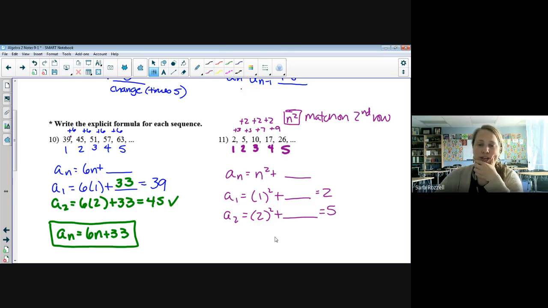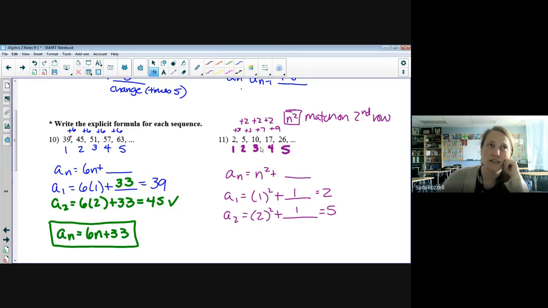Can anyone see what's going to go into our blank space? Go ahead and hold up your number that you think. It's going to be 1, right? Because 1 squared is 1, plus 1 makes 2. 2 squared is 4, plus 1 makes 5. If you do it again, 3 squared is 9, plus 1 is 10. 4 squared is 16, plus 1 is 17.